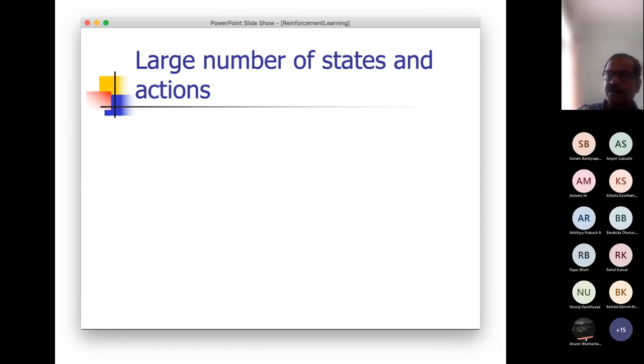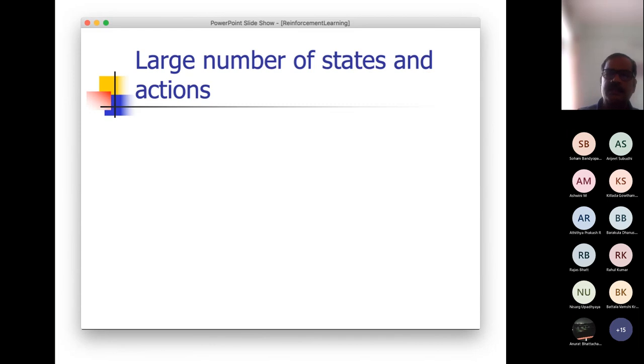Of course, you can use some efficient data structure for finding the max, like some heap kind of data structure, but still, for a large number of states and actions, the requirement of storage would be very high. So that is one problem.